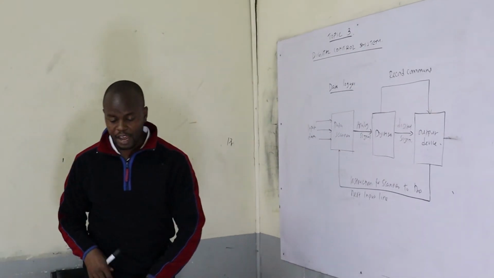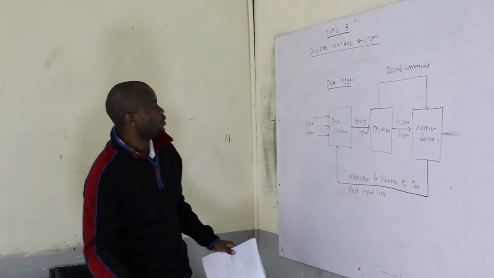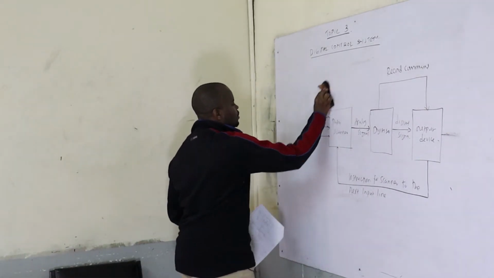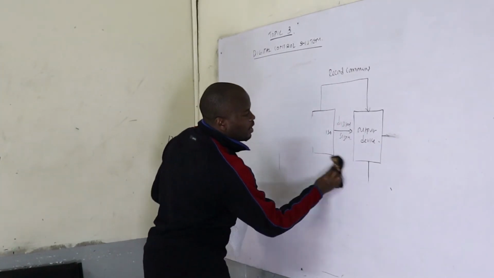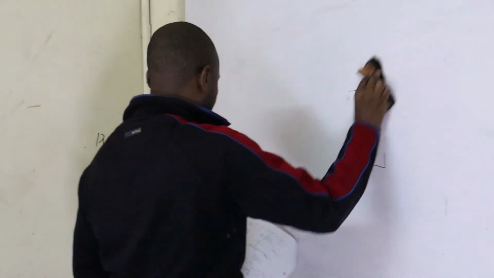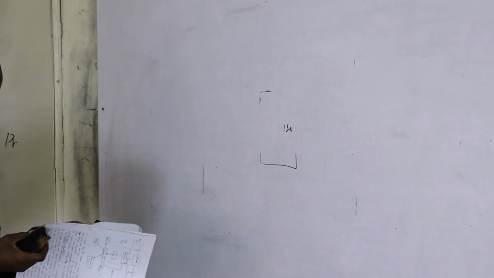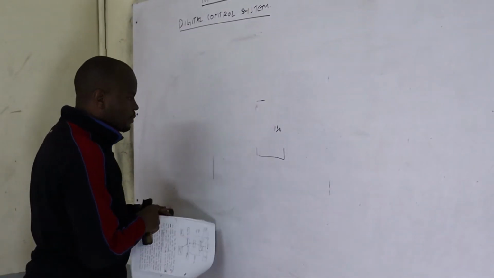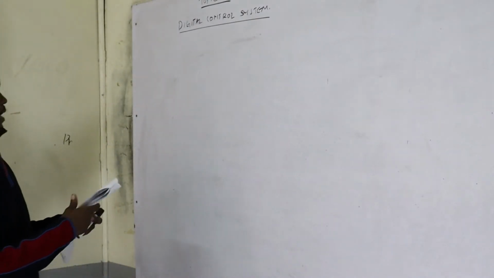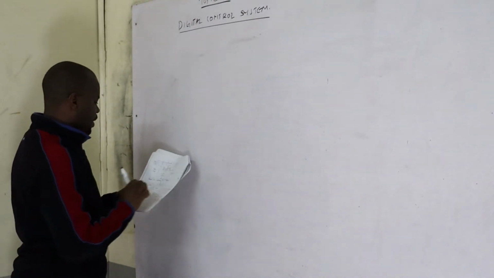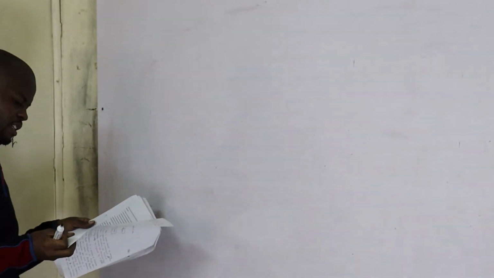We can have an arrangement whereby we use the data logger or the data acquisition system as a buffer or interface between what happens in the real world and what happens in the computer world. So we can look at a very brief diagram of how we can use a data logger as an interface system between the real world and the digital computer.